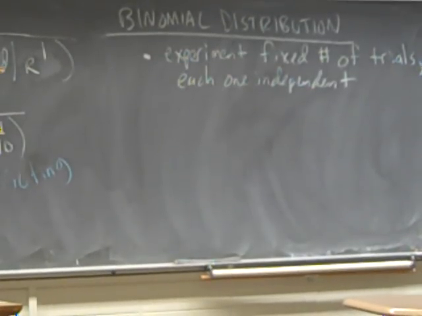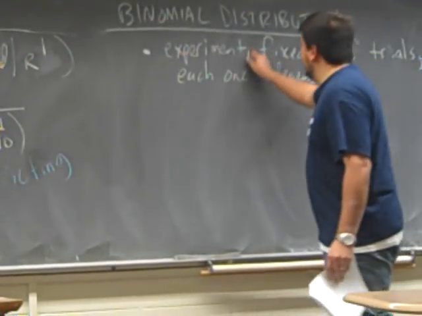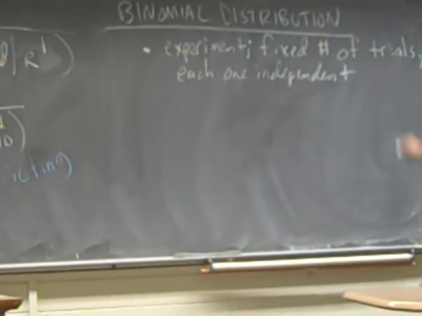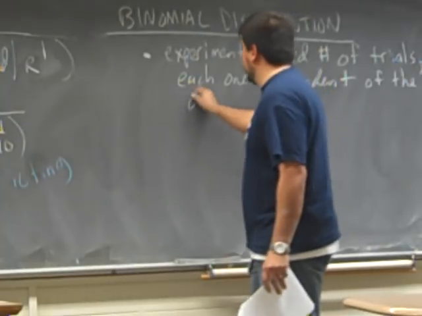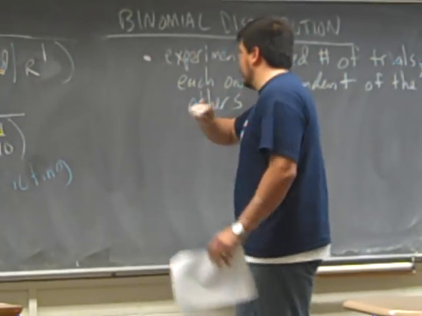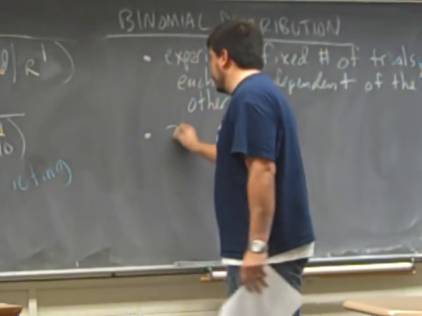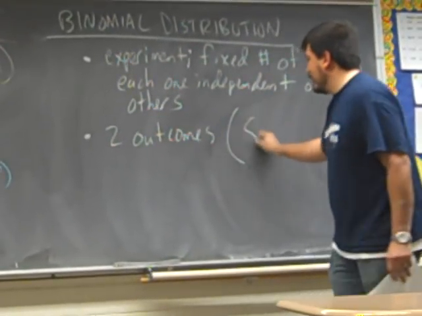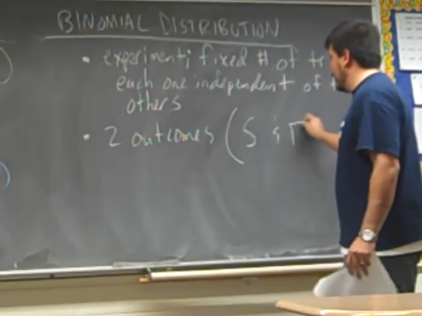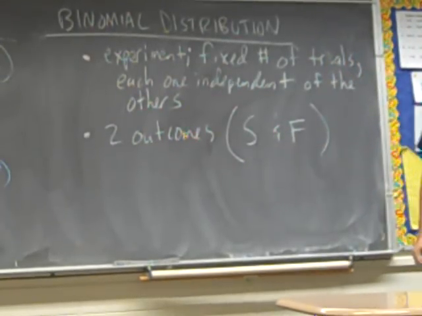We have a fixed number of trials, each one independent of the other. Okay? Only 2 outcomes. Those outcomes I call success and failure. So you're either going to succeed or you're going to fail.